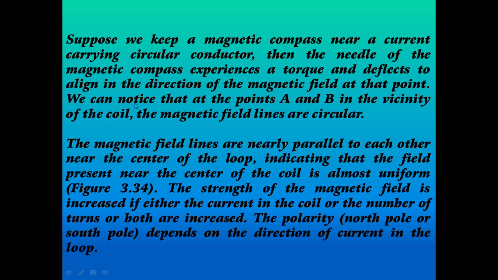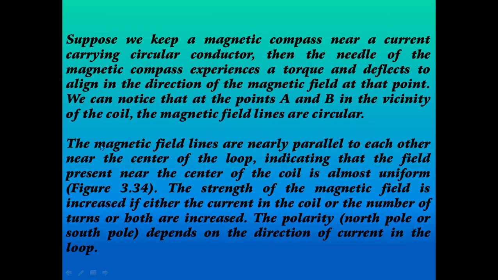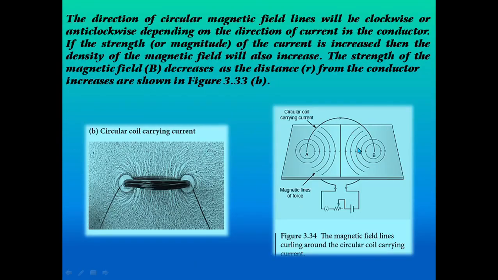We can notice that at points A and B in the vicinity of the coil, the magnetic field lines are circular. The magnetic field lines are nearly parallel to each other near the center of the loop, indicating that the field near the center of the coil is almost uniform.